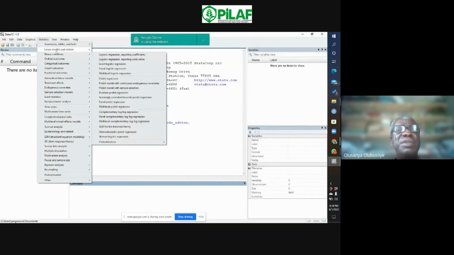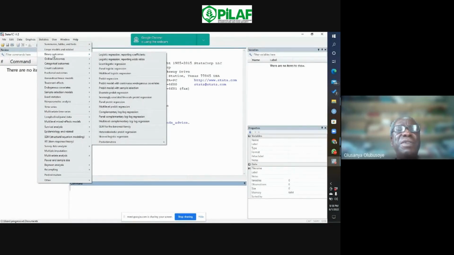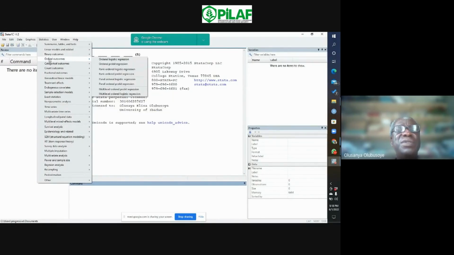But you see this part where you have linear models, those are for outcomes that are continuous. Binary, those are for outcomes that have two categories, two levels. Ordinal, those are categories, but they are also ranked. So these are categorical outcomes, those with more than two levels of possible outcomes. And then we have the count, and finally the fractional.